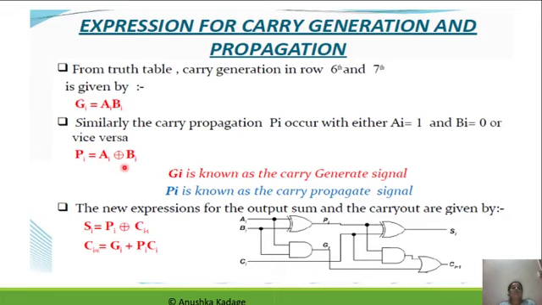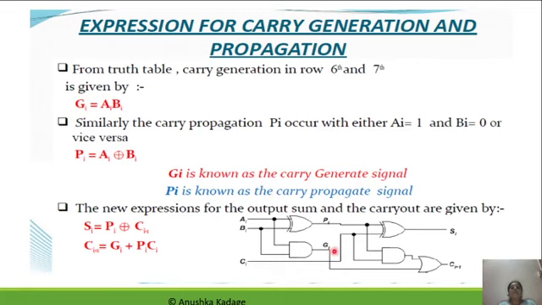And that's why here we say that carry propagation will be generated by implementing the XOR operation of the two bits to be added. And then we have named this Gi as the carry generate signal and this Pi as the carry propagate signal.